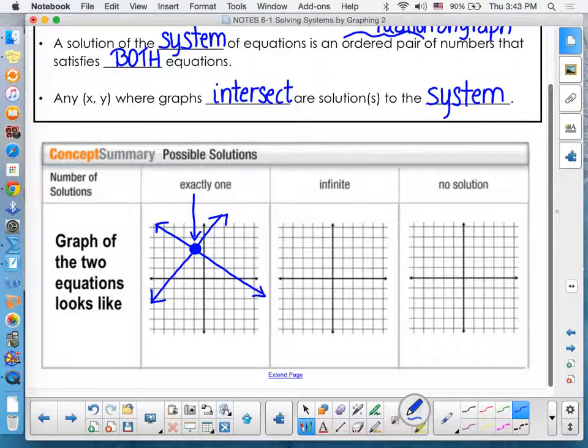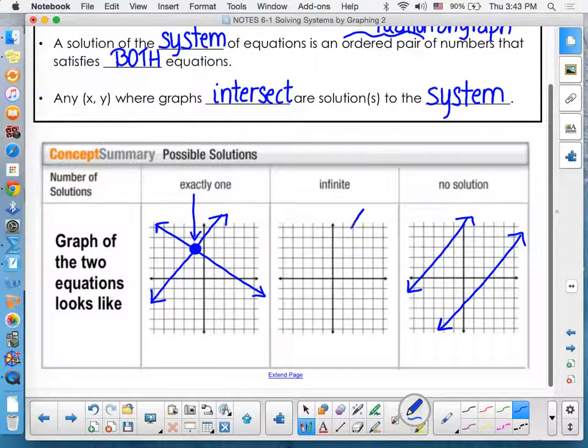There could be no solution, so I'm going to draw a quick picture of that over on the no solution side, meaning I graph two lines and they never head towards each other, they remain parallel, and they are never going to cross. So there's no place in common, no intersection for those roads, so there's no place I can be and satisfy both at the same time. So I'd have to say no solution if my graph looked like that.